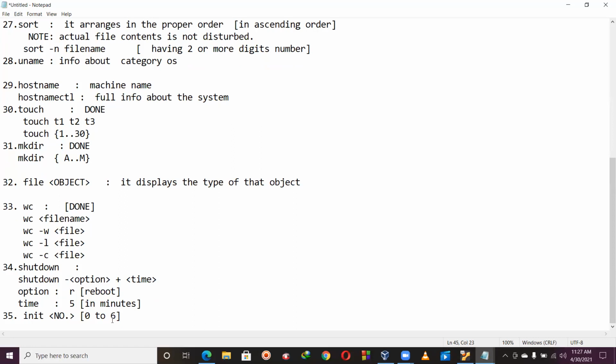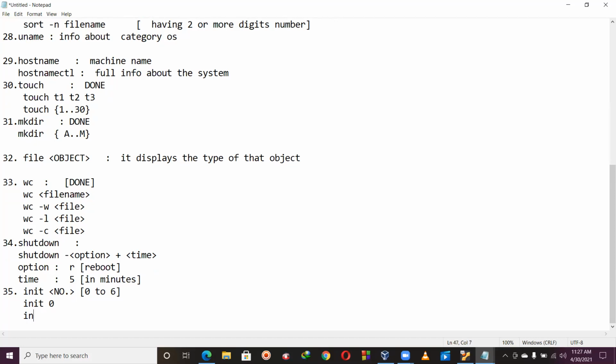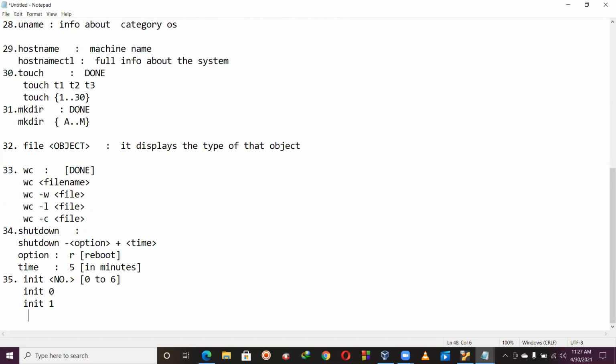I will explain in another topic. But at this time, just remember, you can use init 0 or init 1 or init 6. But for this moment, I'm showing you init 0.